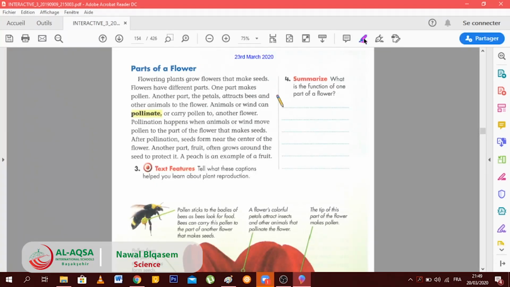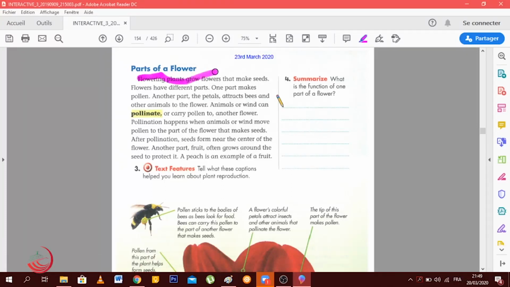Yes, what are they? Very good. Flowering plants and non-flowering plants. So here we're talking about which kind? Yes, we're talking about the flowering plants.